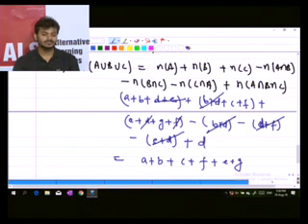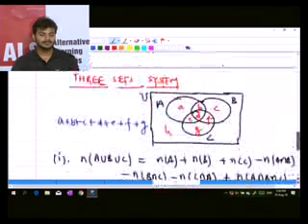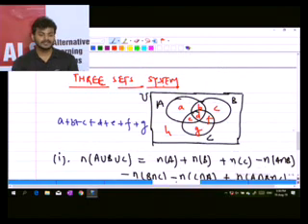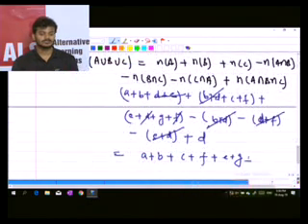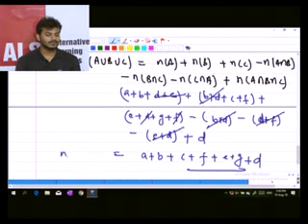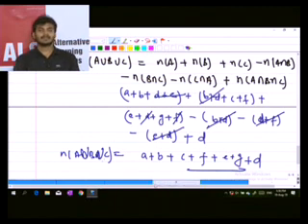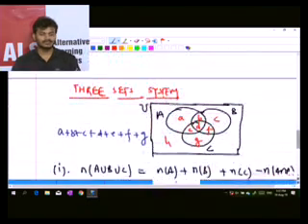If you add D, which is nothing but A intersection B intersection C, common to all three sets, you will get the same answer for the union. I hope you are getting my point. This is all mathematically how you can analyze it.